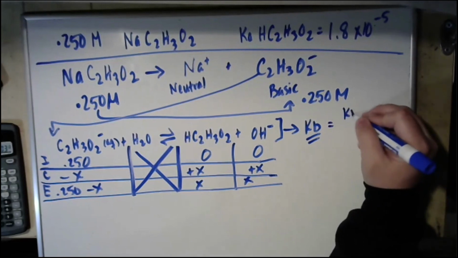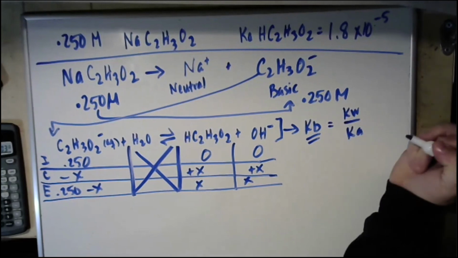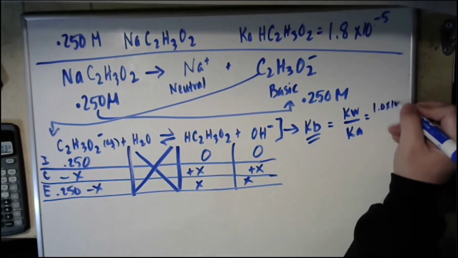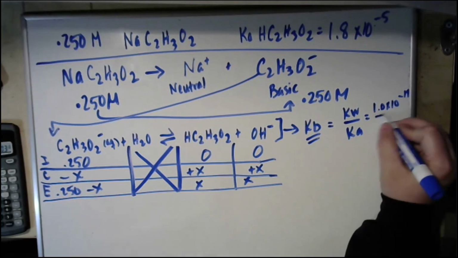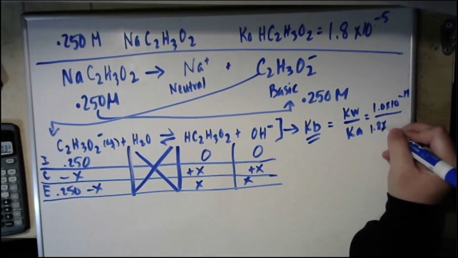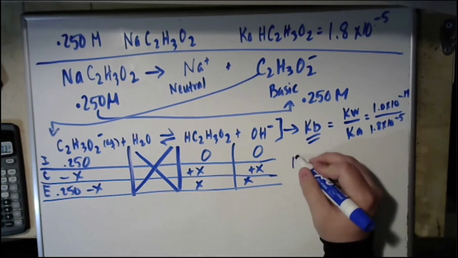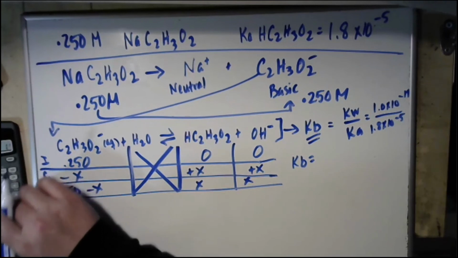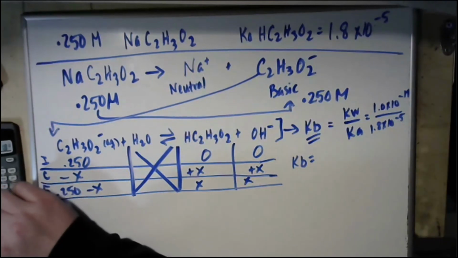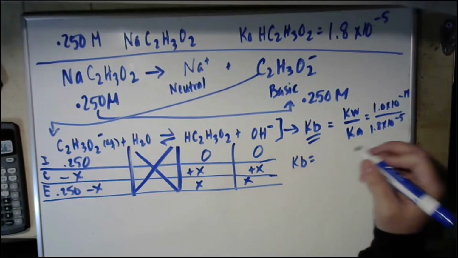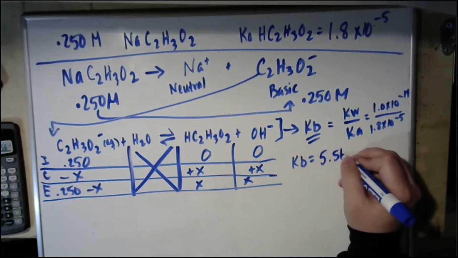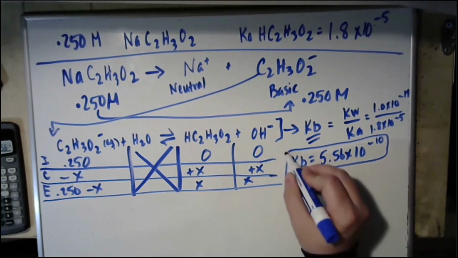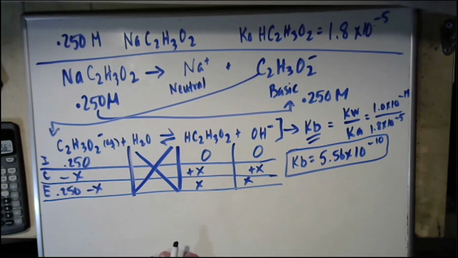It's going to be equal to our Kw value divided by our Ka value, which is 1 times 10 to the negative 14 divided by 1.8 times 10 to the negative 5. So our Kb here is 5.56 times 10 to the negative 10. That's the Kb we're going to use to solve the problem.